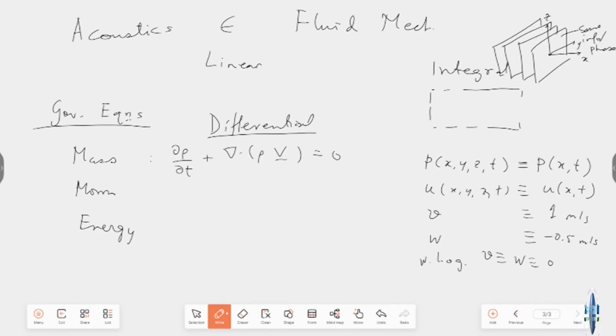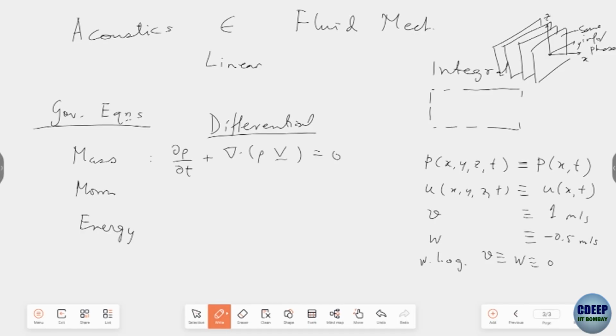So that indeed is the mass equation. What it tells is that rate of change of density is accounted for by the dilatation of the flow, that is the increase in the volume of a parcel of fluid having constant mass. Okay. So that is what it's saying. So that mass is conserved. That's the idea.